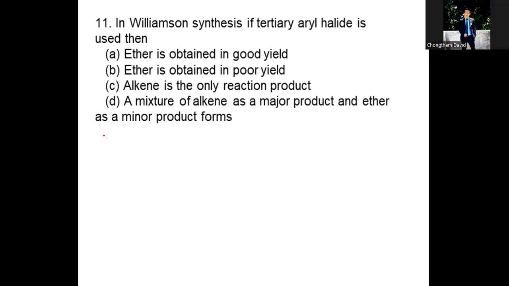So let us write this reaction. A tertiary alkyl halide is used. So this is your tertiary haloalkane plus sodium methoxide, since this is a strong base. Now the alkene will form after treating this tertiary haloalkane with your sodium methoxide.